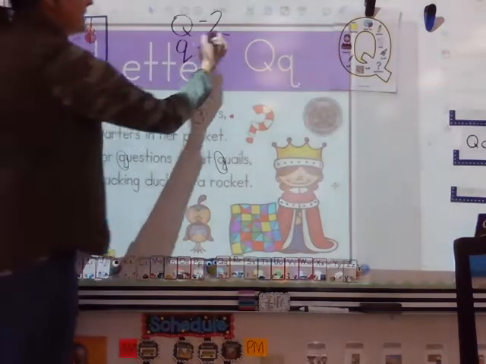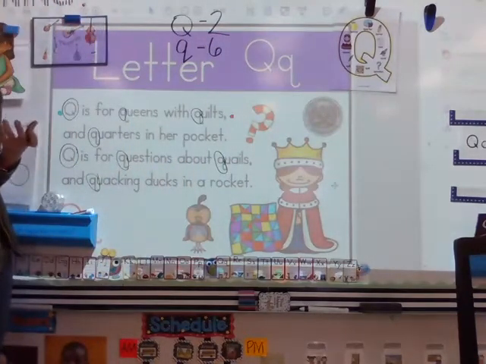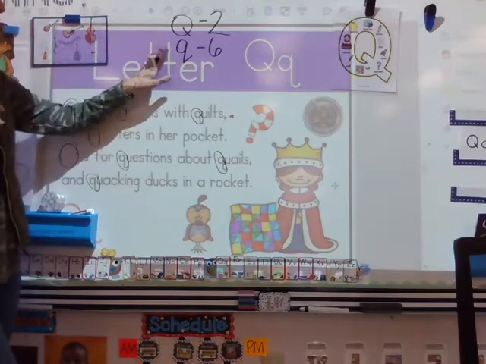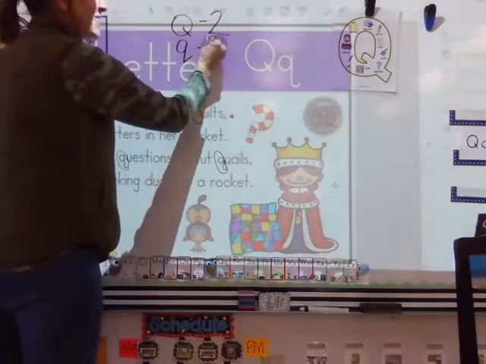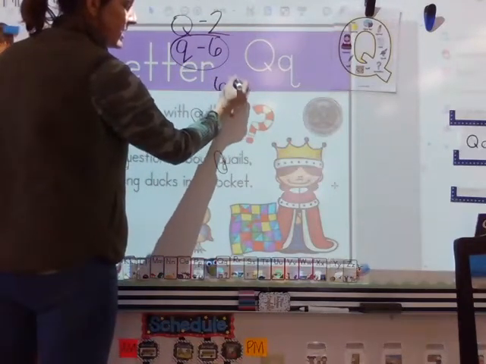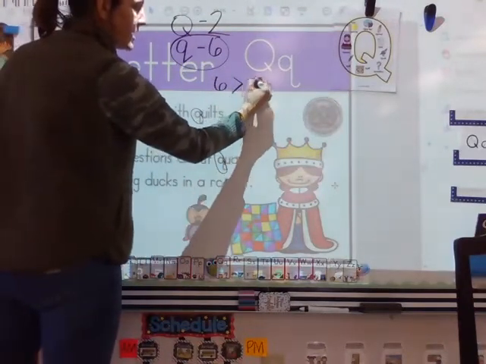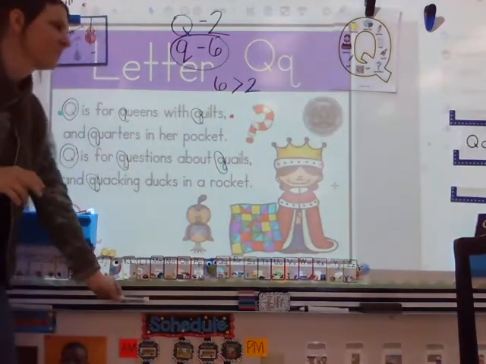No, I didn't. So we have 6 lowercase q's. Which one has more? 2 capital or 6 lowercase? That's right. 6 is bigger. So we could say that 6 is greater than 2. We'll pull in a little math there with you.